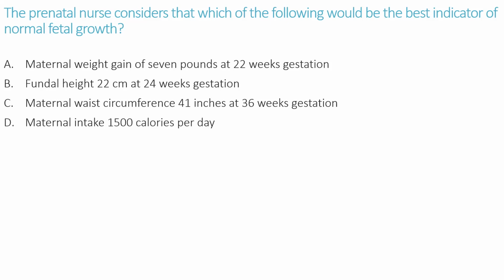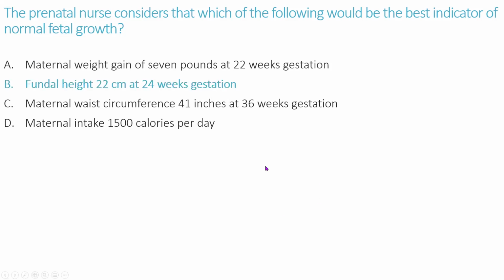I think President Harold will walk you through this. It's really in those 20s when fundal height is very accurate for equaling the weeks of gestation, and it could be plus or minus 2. So this one would actually be B. Okay.